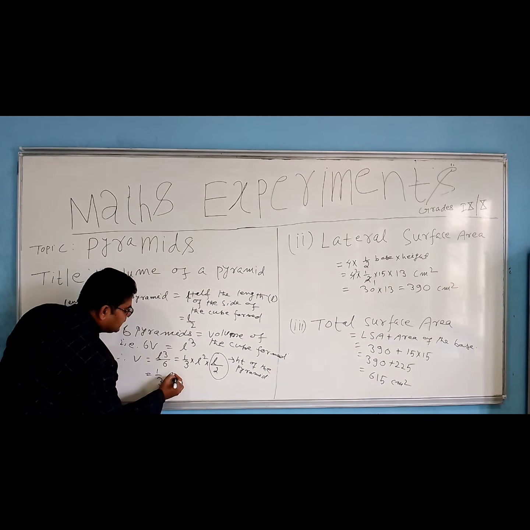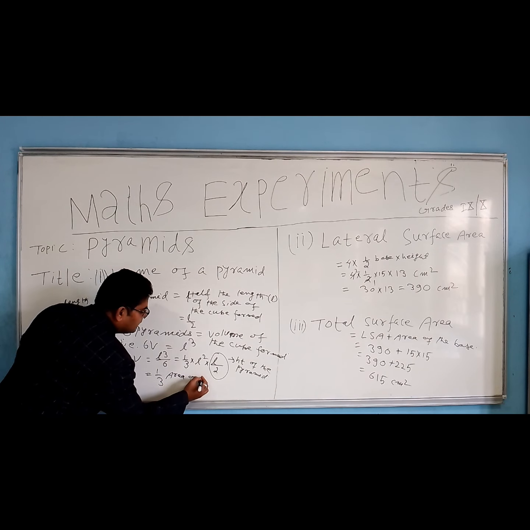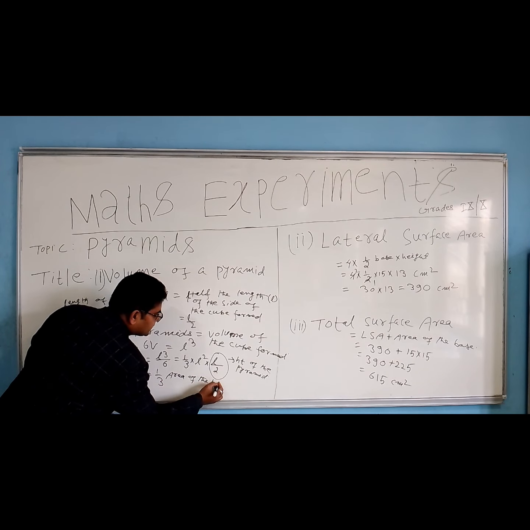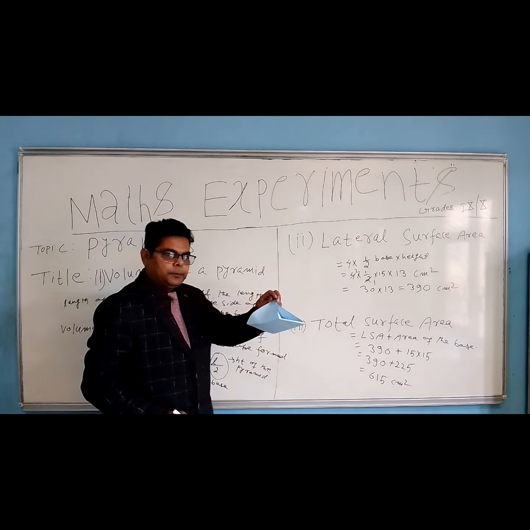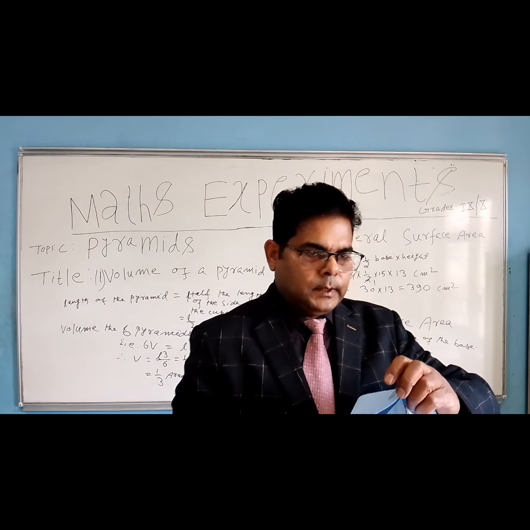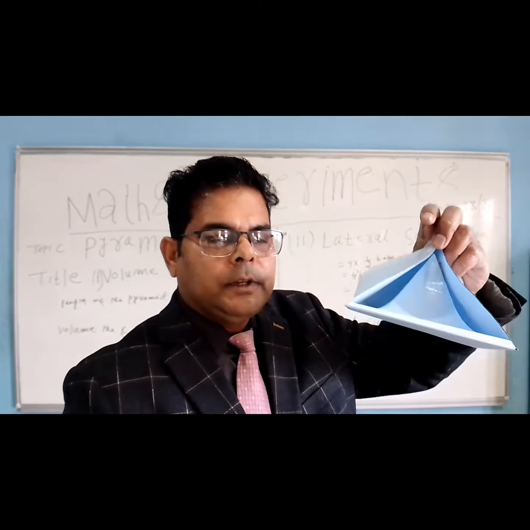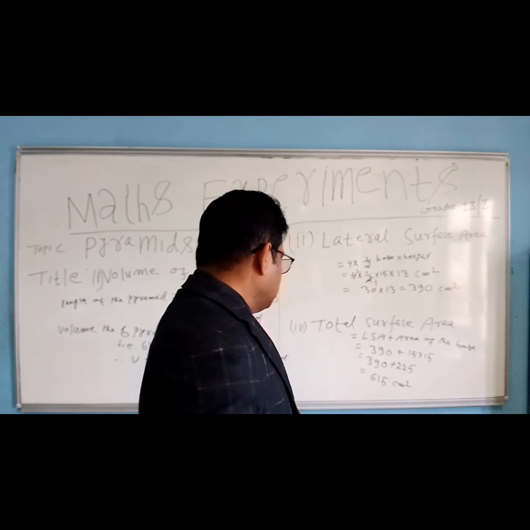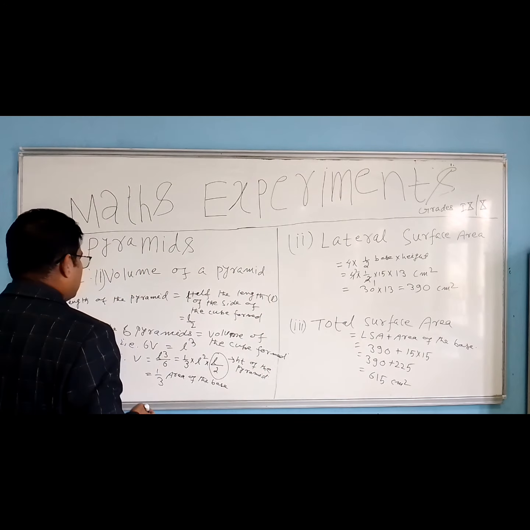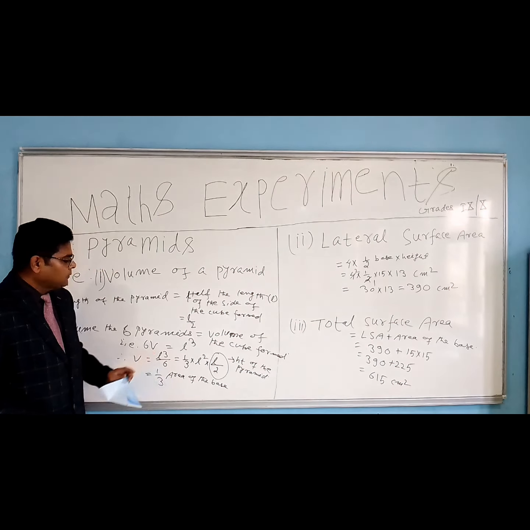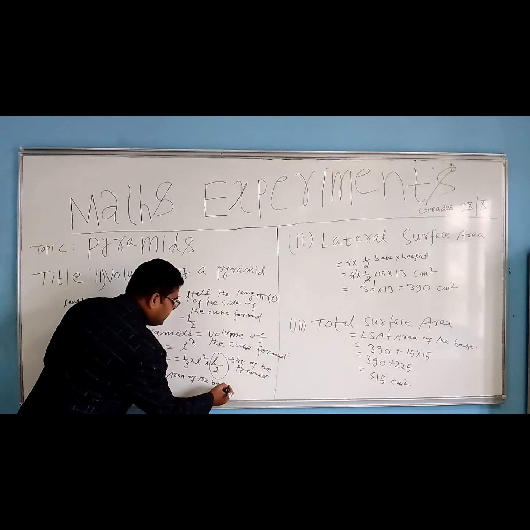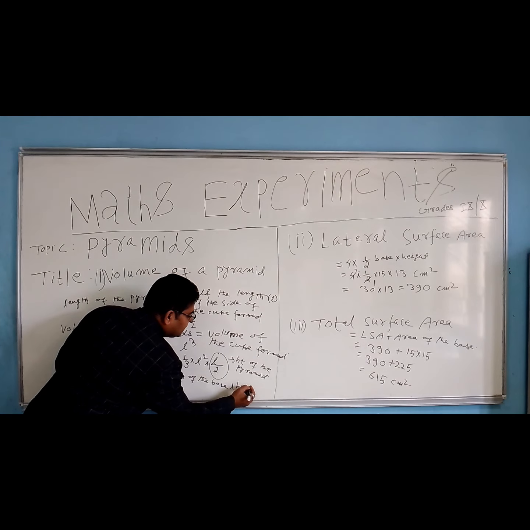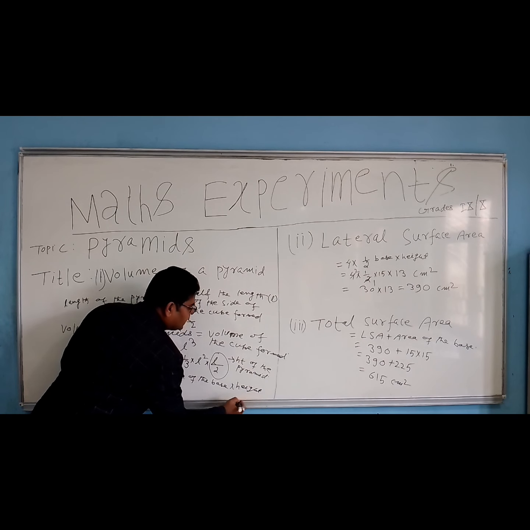This is the area of the base. Whose base now? Before it was the cube's face. Now it is the base of the pyramid. So L times L is L square, so this L square is in fact the area of the base, and L by 2 is the height of the pyramid.